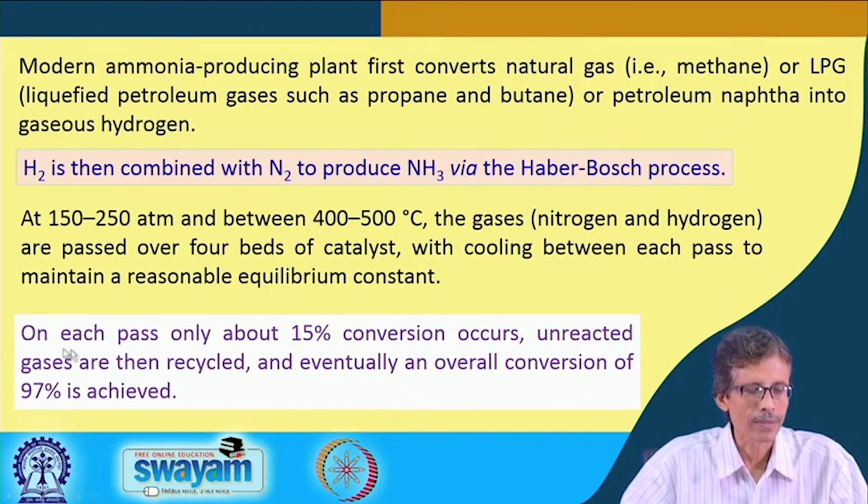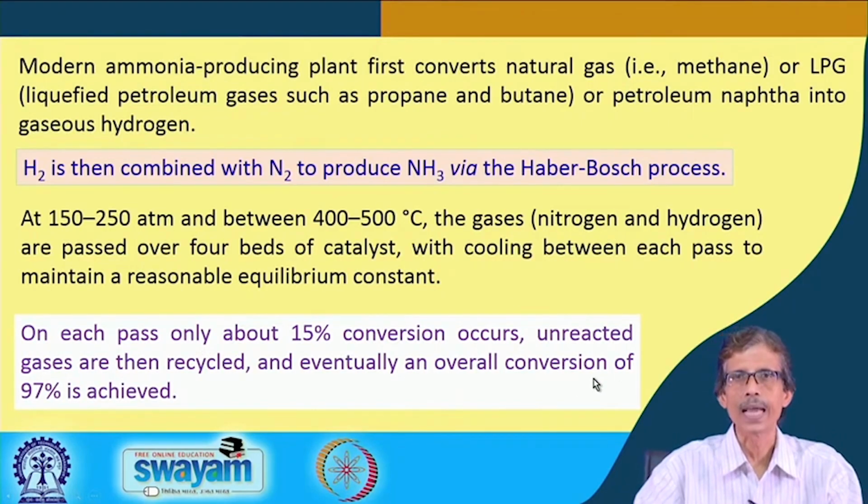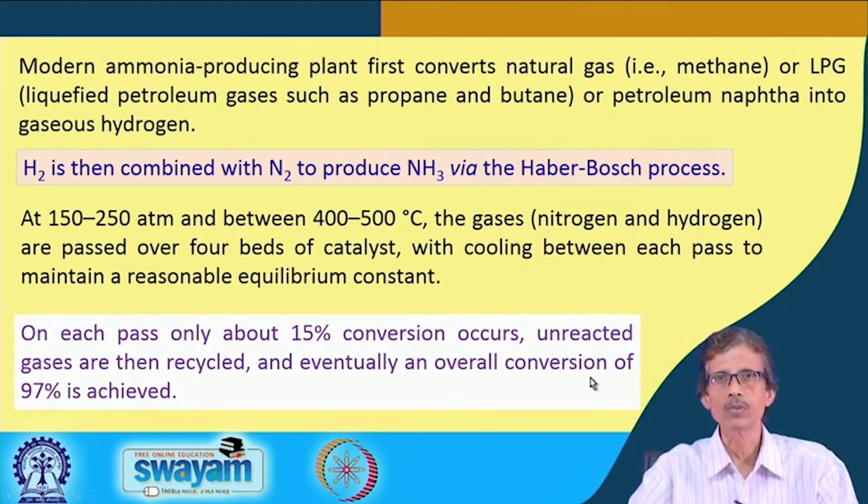But in some cases, in each pass only about 15% conversion can be achieved, and the unreacted gases, the unreacted nitrogen and hydrogen, can be recycled. So, a mechanism for recycling should also be there for the industrial production of ammonia.